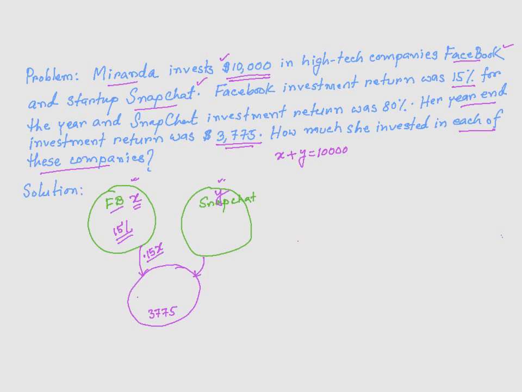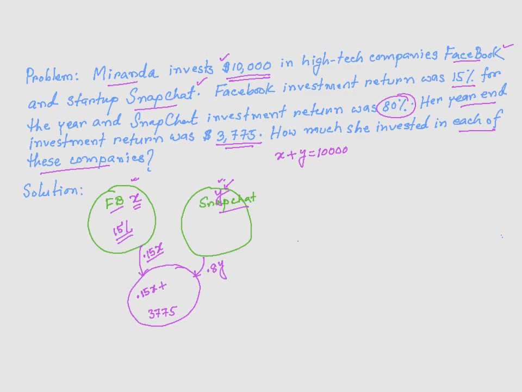It goes here, 0.15X. And plus her Snapchat investment return, which returned 80%. So 80% of whatever was invested, which is Y. So 80% is 0.8, and then Y was the amount invested, so it's 0.8Y.